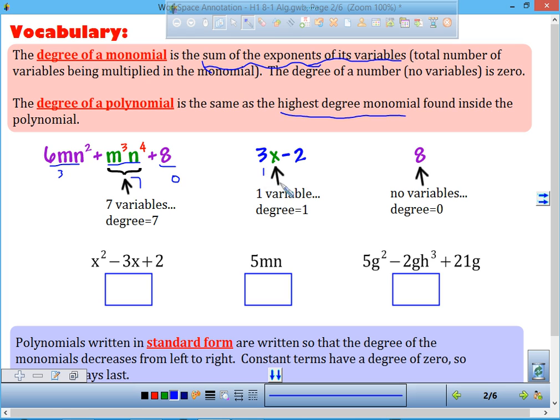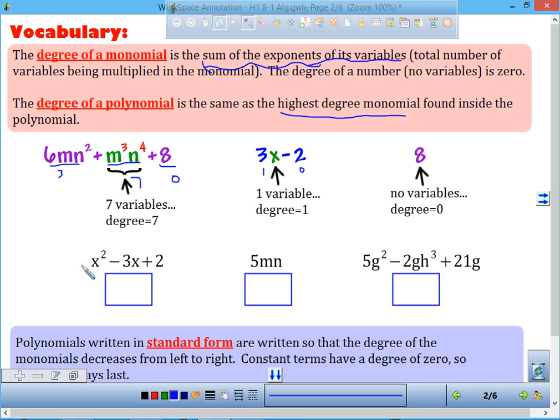So that degree is 1, this degree is 0. So the degree of the whole polynomial is the highest monomial, which is right here, it's 1. This would be a monomial, and its degree is 0 because it doesn't have a variable. So I look for exponents of variables. Since there's no variable, it's just 0.